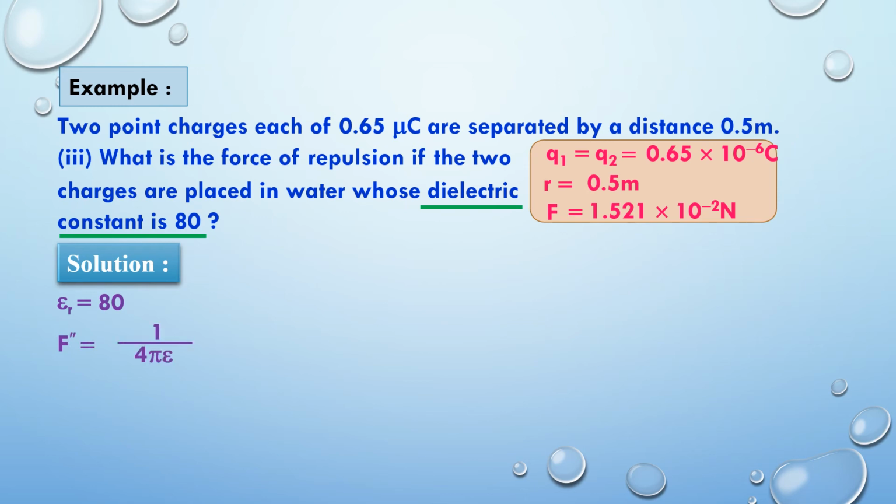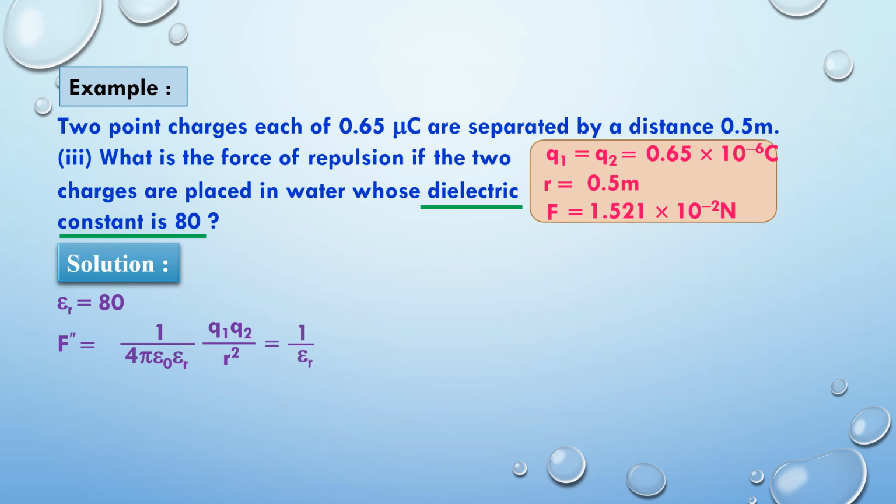Therefore the force now should be written as 1 upon 4 pi epsilon into Q1 Q2 by R squared, where epsilon can be replaced by epsilon naught into epsilon R. So this expression is now written as 1 upon 4 pi epsilon naught into epsilon R into Q1 Q2 by R squared.